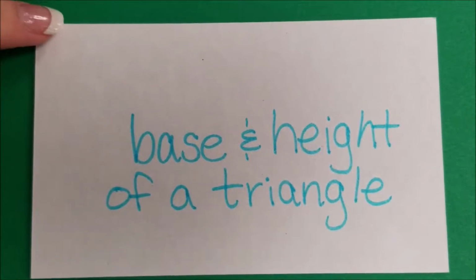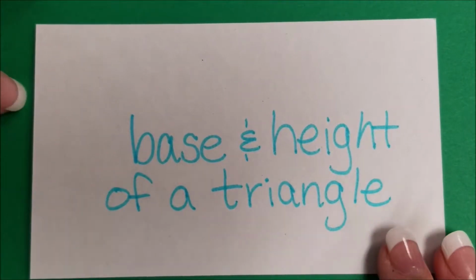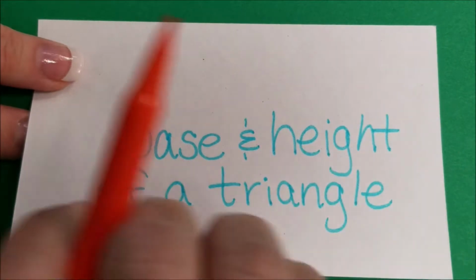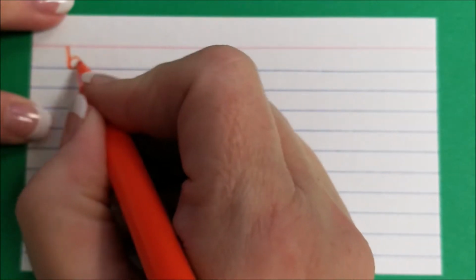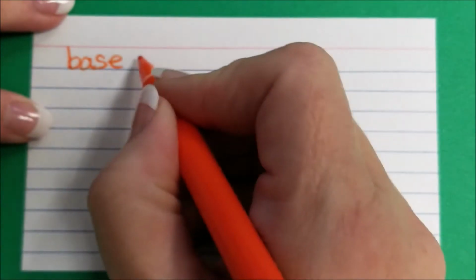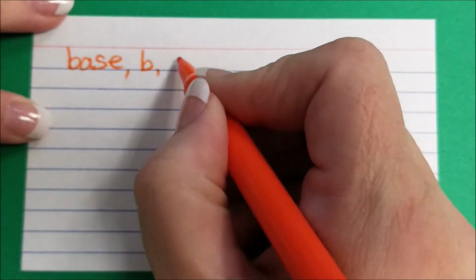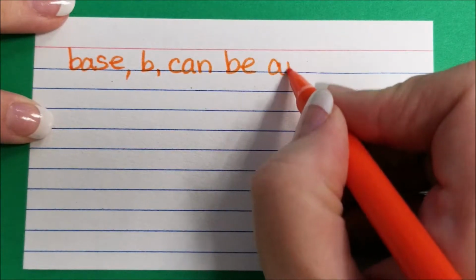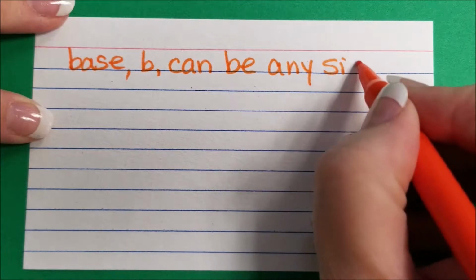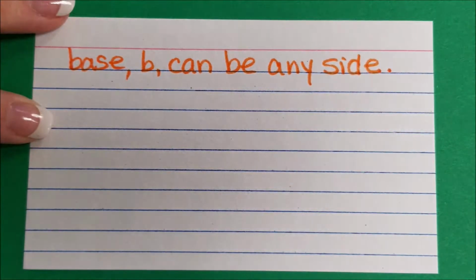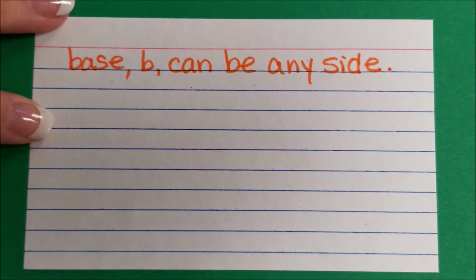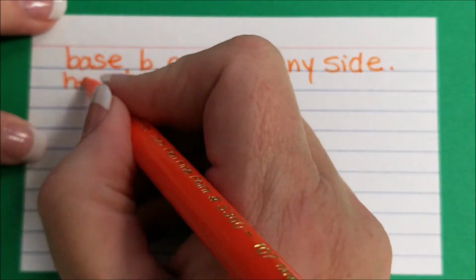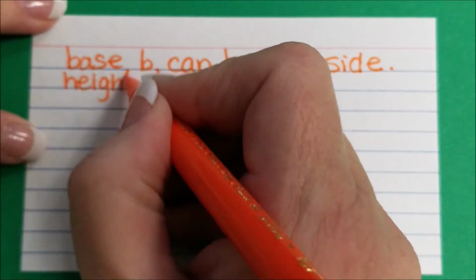When we're talking about the base and the height of a triangle, we are doing them together because they're defined by each other's location. So the base can be any side of a triangle. So if you pick one side to be your base, then you're going to find your height of that triangle.